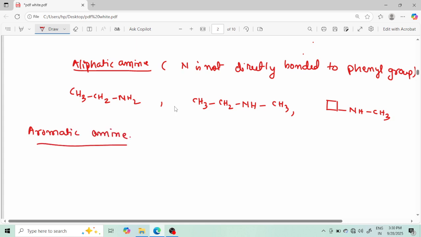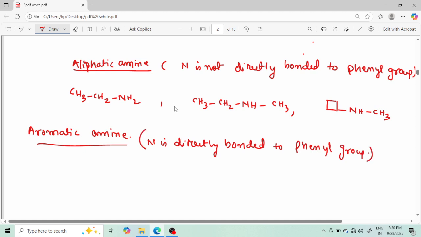Aromatic amine means nitrogen is directly bonded to a phenyl group. Let's say this is the phenyl group, the benzene ring, and it will be directly connected, something like this.